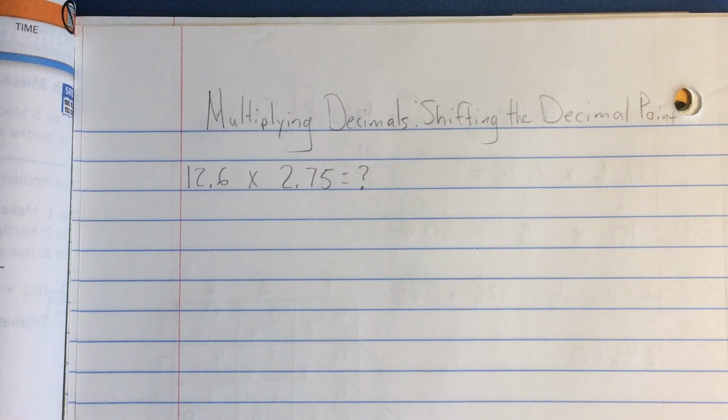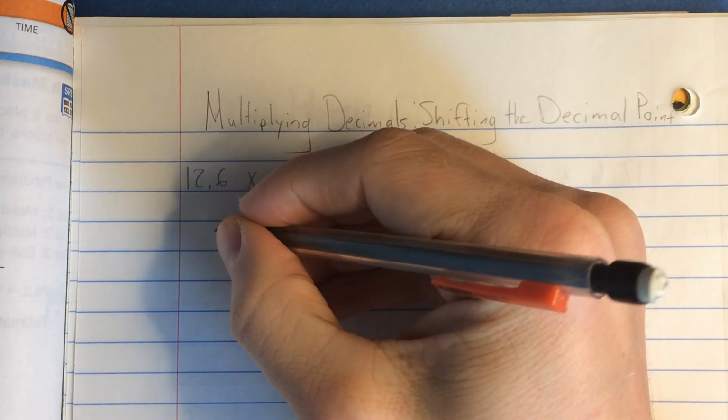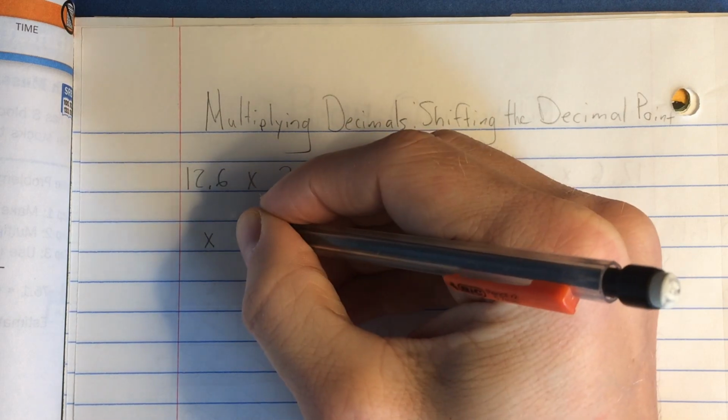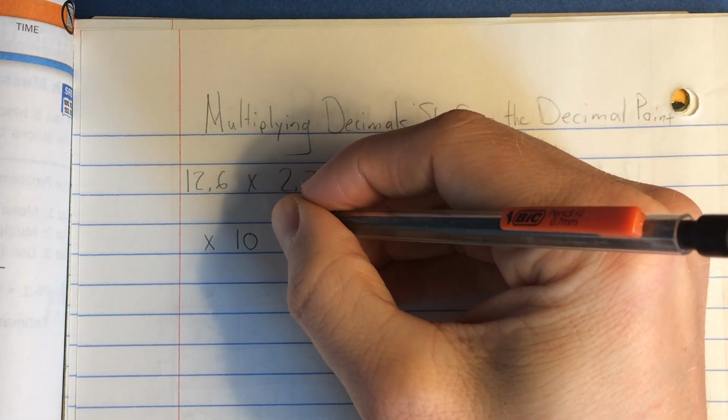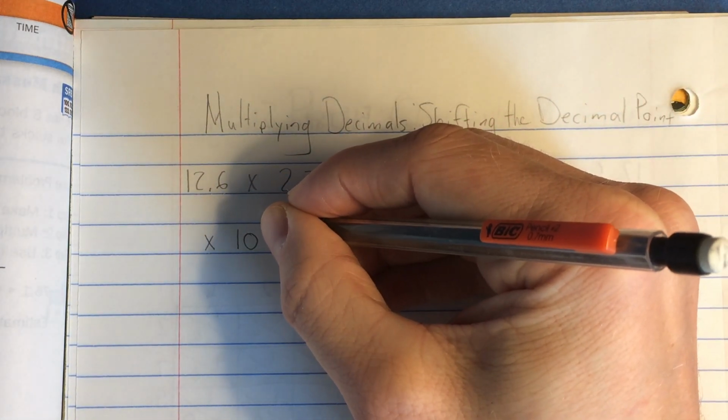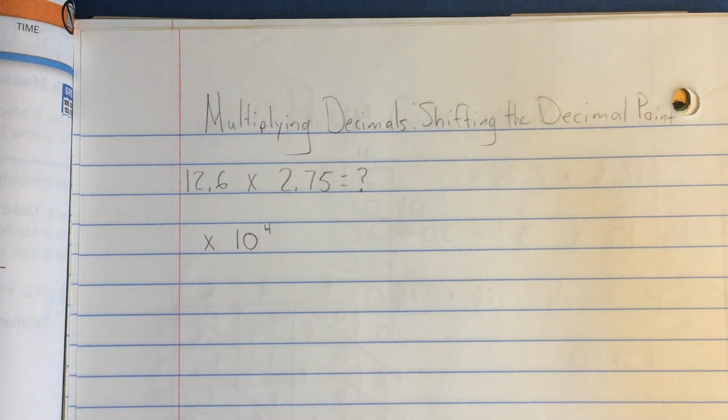Okay, so we're going to start with the same example question that I used for the first part of the lesson, which is 12.6 times 2.75. In order to do the shifting decimal point strategy, we have to remember this one thing: anytime we multiply by a power of 10, let's say 10 to the power of 4, for instance, do you guys remember what happens to the decimal point?